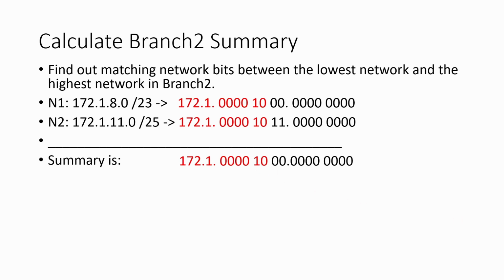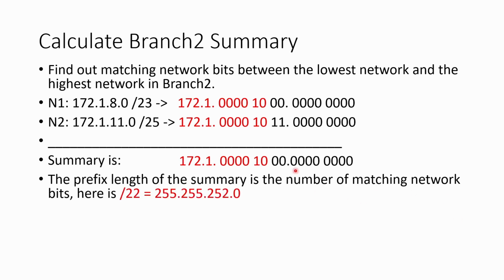The prefix length is the number of matching network bits. That is 22 bits matching. And in the subnet mask, 255.255.252.0. That gives us the branch 2's summary, 172.1.8.0/22.